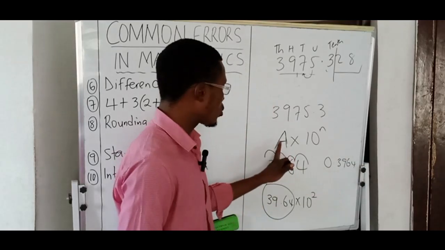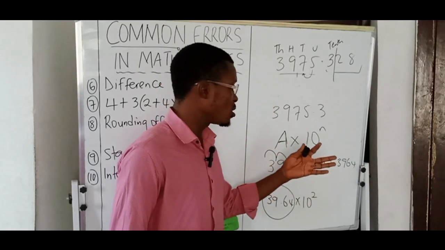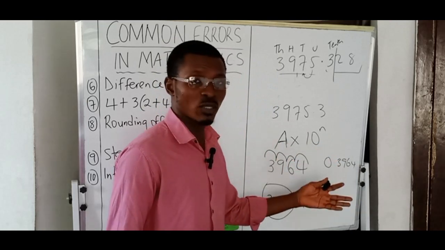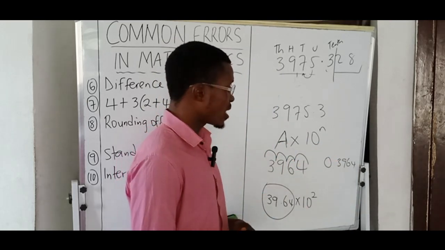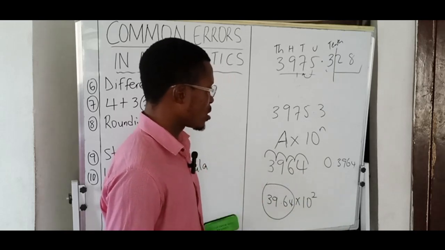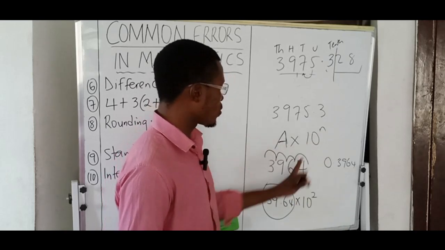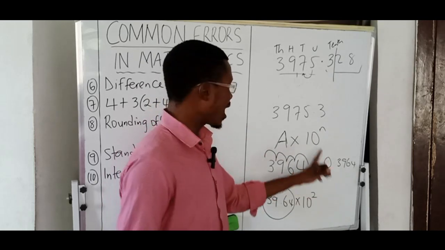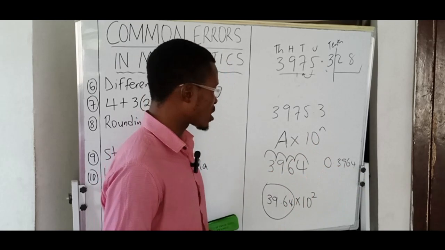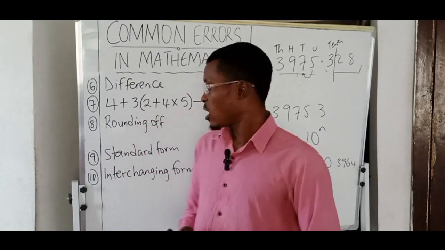This number doesn't satisfy the condition for A. A has to be between 1 and 10. So take note, your n is positive when the original number is more than 1, and it's negative when the original number is less than 1. So please take note of this.